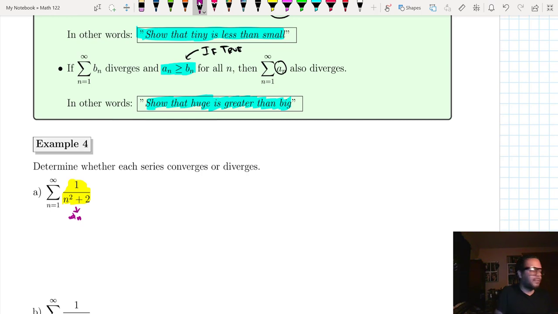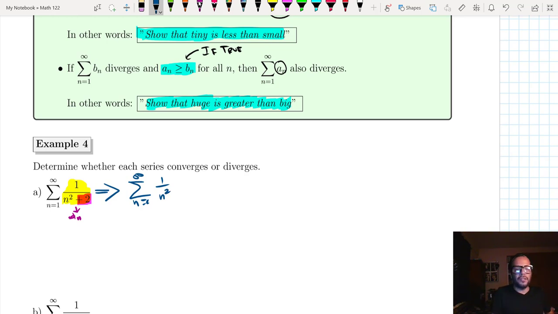I'm going to relate this series to something simpler, and let me pretend that this plus 2 is not there. Let me highlight this with purple. It actually turned into something red, but that's what I'm going to pretend is not there. So this has the behavior of sigma n equals 1 to infinity of 1 over n squared.